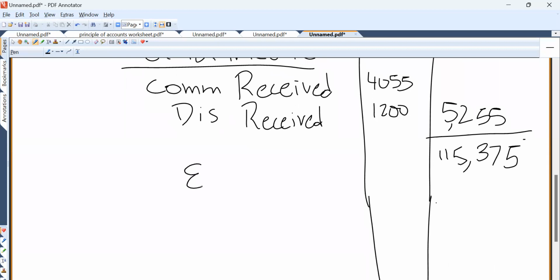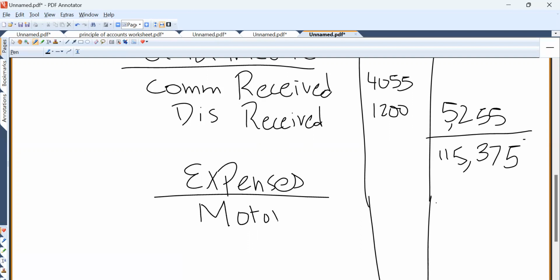Now let's move on to expenses. Motor expense, 1,690. Rent, 7,800.